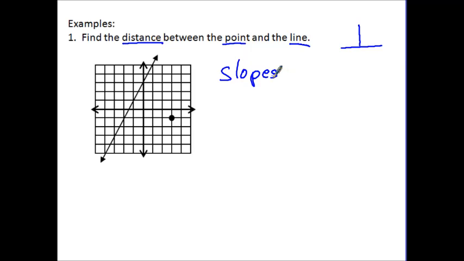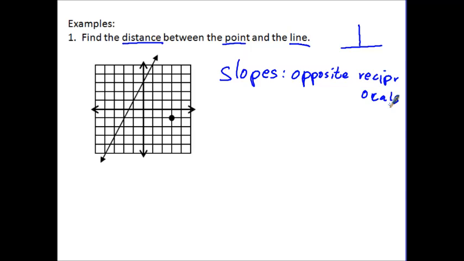The slopes of lines that are perpendicular are opposite reciprocals. Opposite reciprocals. So we have our line right here.